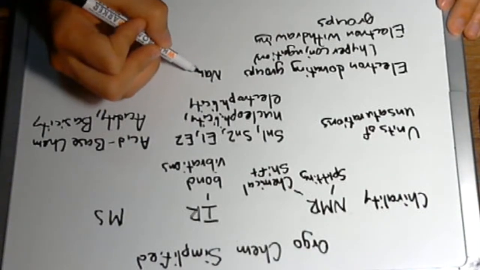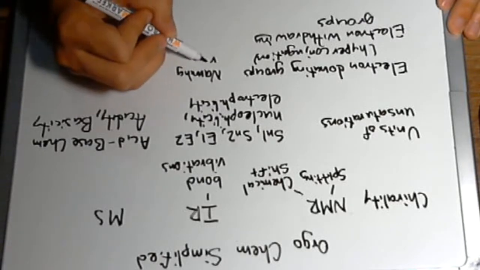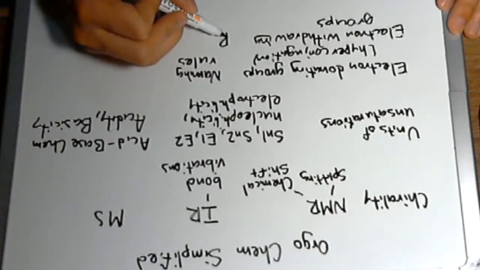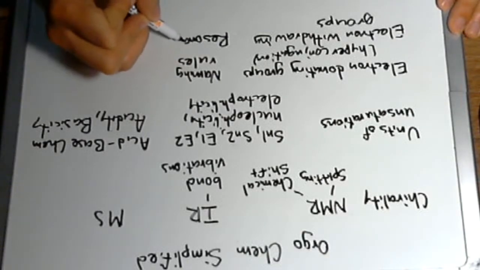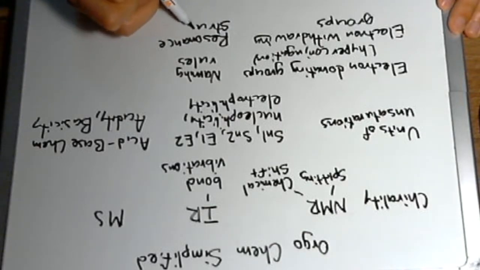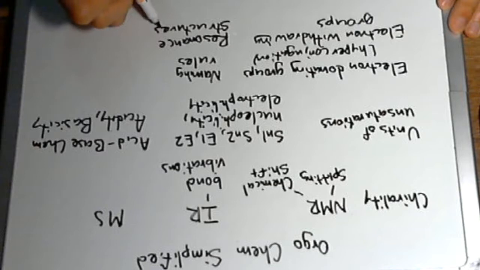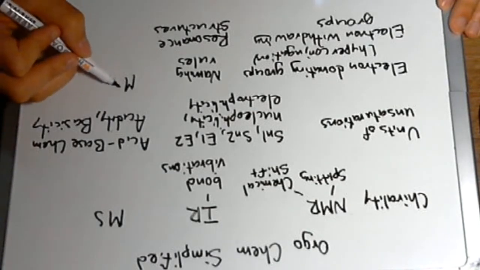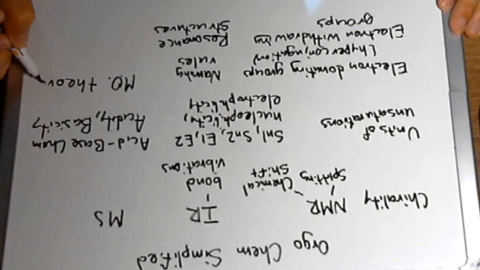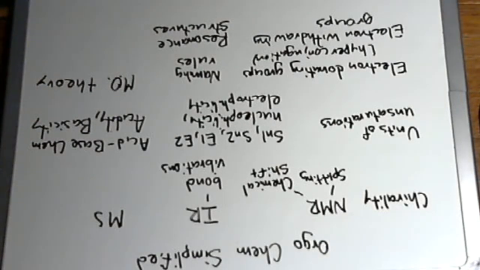Naming rules. You want to know how to draw resonance structures. Molecular orbital theory. Molecular orbital.